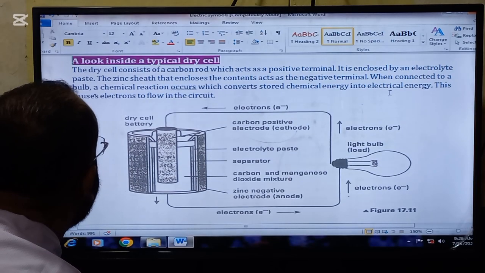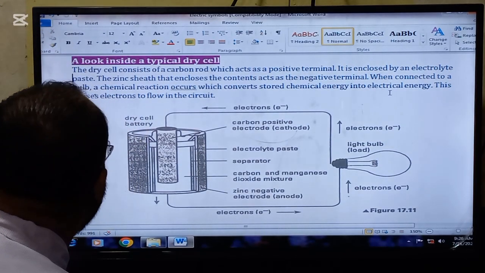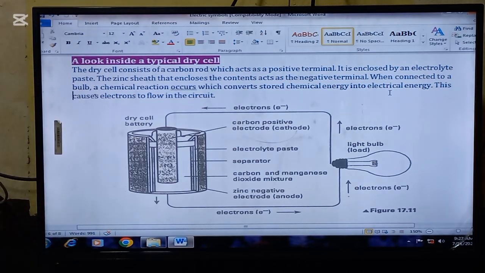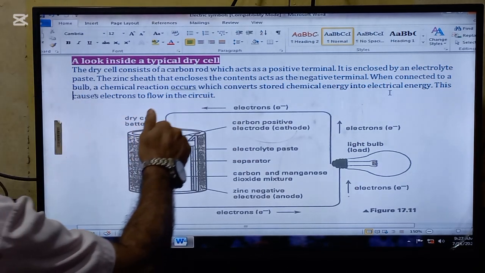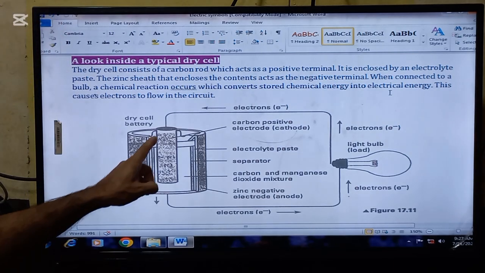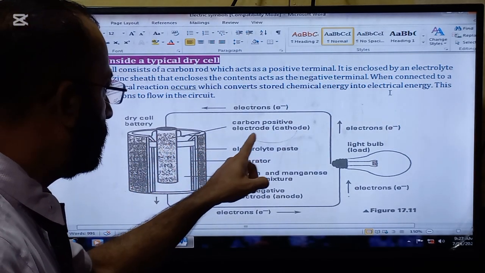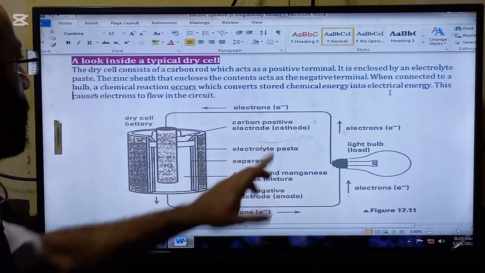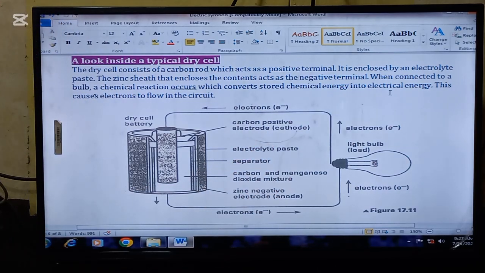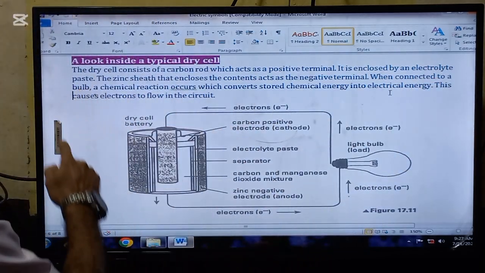Okay, the next thing that we are going to read is a look inside a typical dry cell. The dry cell consists of the carbon rod which acts as the positive terminal. So look now, here is the carbon rod which acts as a positive electrode, that is cathode. It is enclosed by an electrolyte paste.